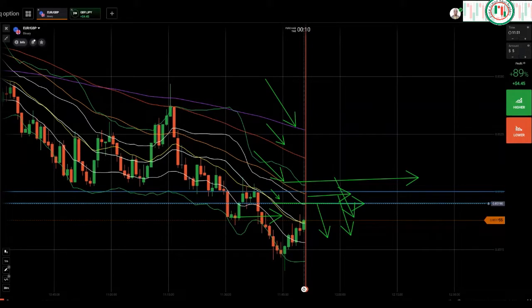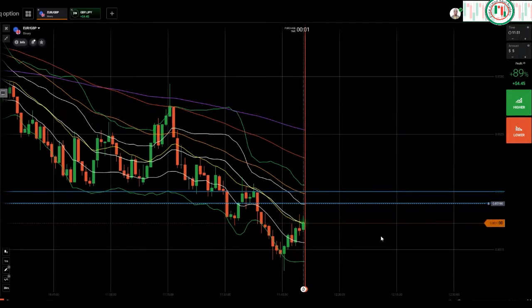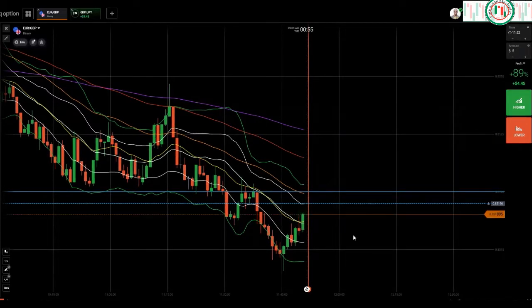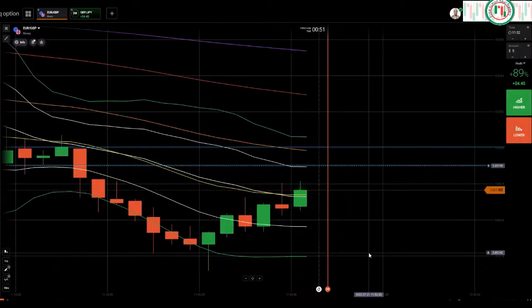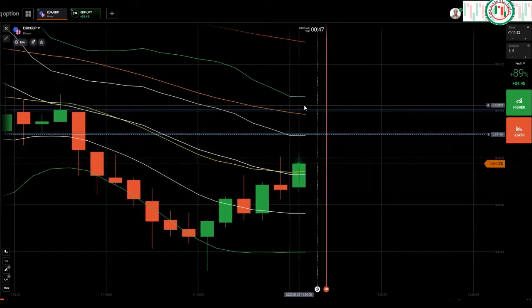So that's why I draw it here, because this is the strong engulfing zone because of the strong downtrend. And you can see here is the alarm. So you see here market is trying to touch the zone.